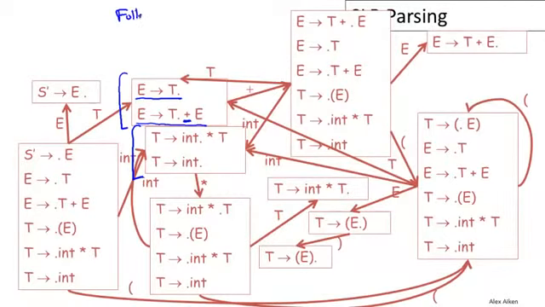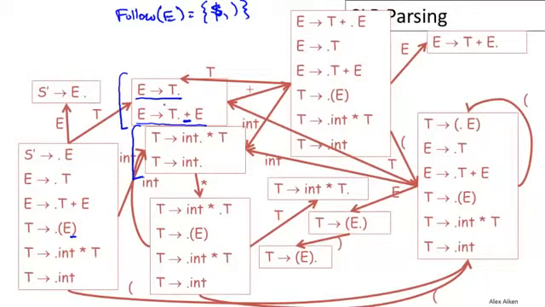And what is the follow of E? Well, we computed it a long time ago, but just to remind you, remember that E here is the original start symbol of the grammar, so certainly $ will wind up in the follow of E. And the other possibility for the follow of E is closed paren, because here at this point in the grammar, closed paren comes right after E. And that's the only two possibilities.